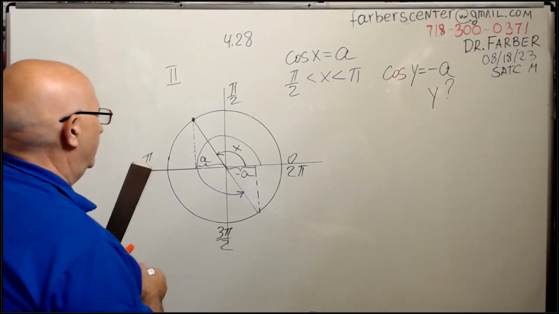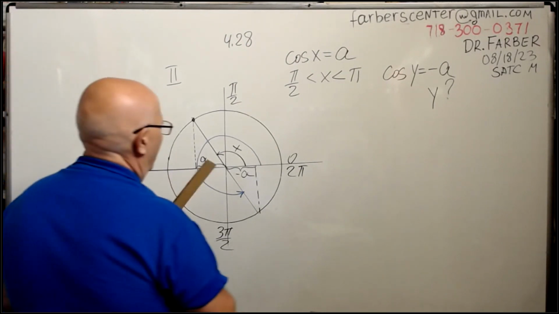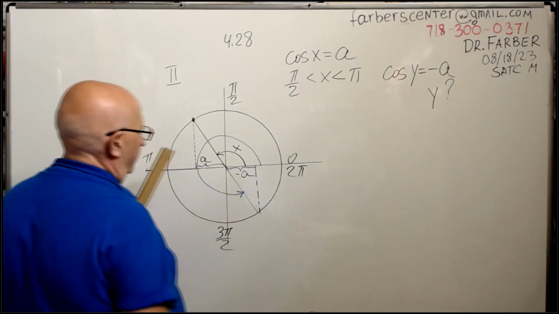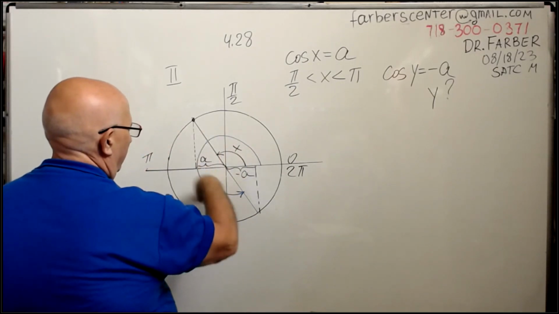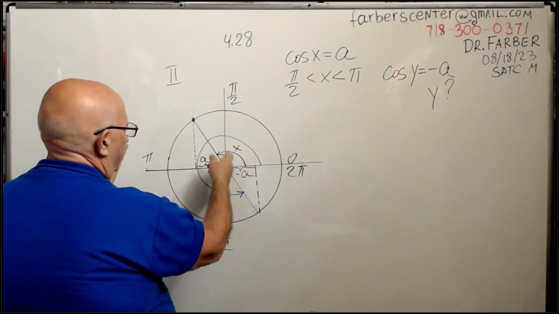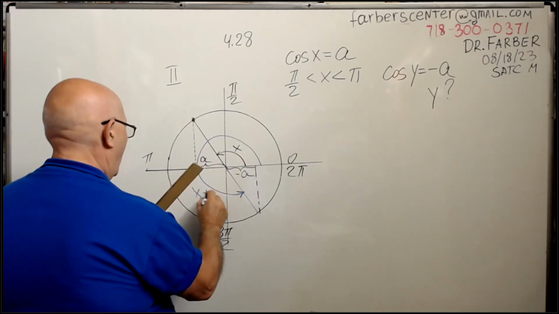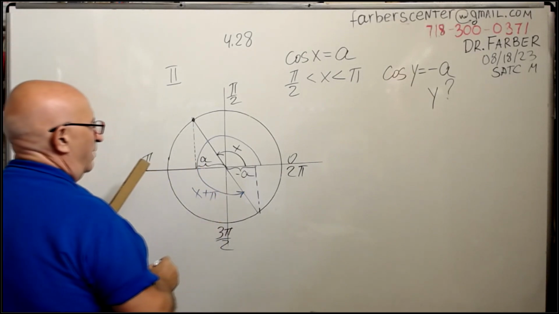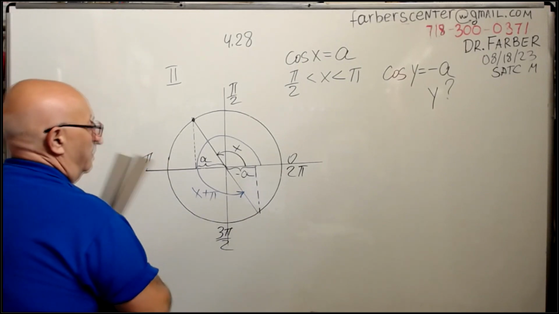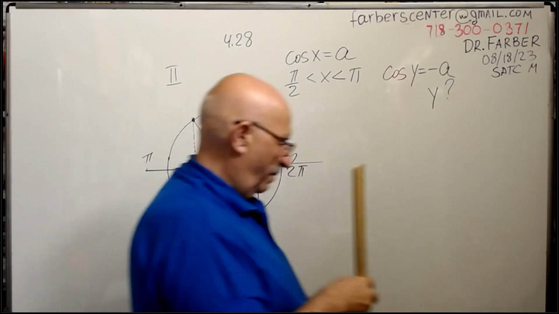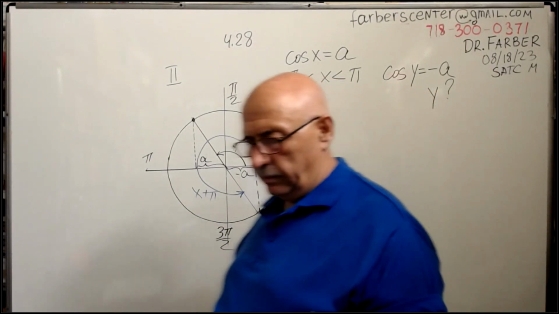What is the difference between this blue angle and this black angle? You know, this straight line is 180 degrees, or pi. So this angle would be this one. X plus pi. And for x plus pi, cosine of this angle would be what? Negative a.